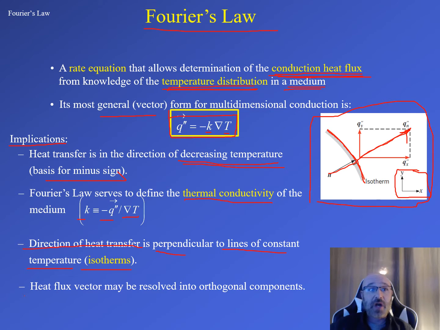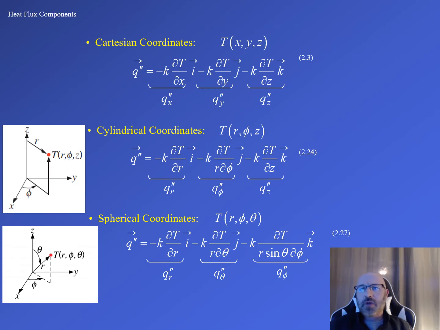That's exactly what we're talking about here: our heat flux vector can be resolved into its orthogonal components, its x and y components. We briefly discussed breaking this down in terms of Cartesian coordinates, x and y. Well, this could also be in 3 dimensions as well. So this is what we'll discuss here, looking at the components for our heat flux.